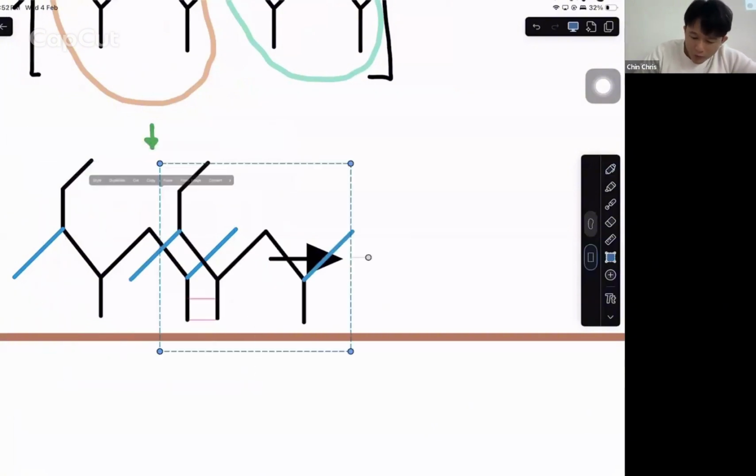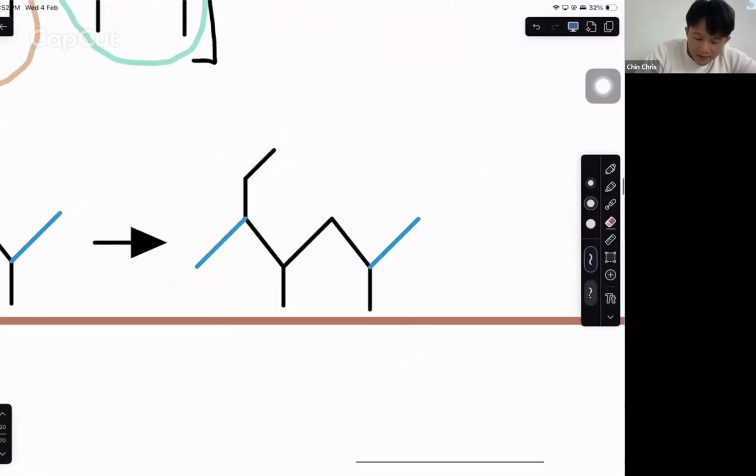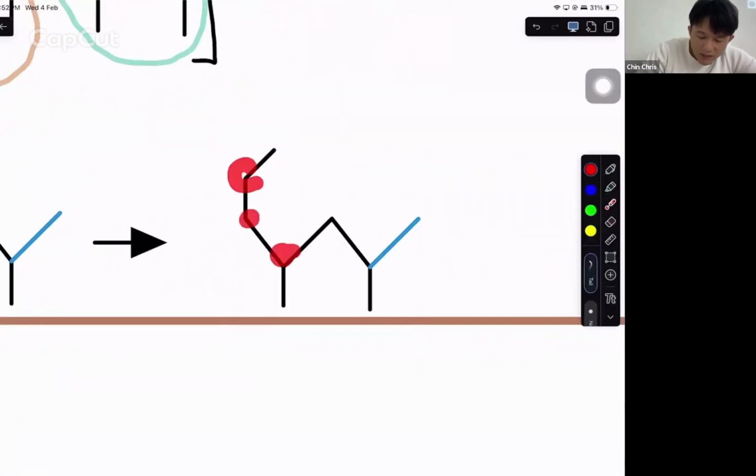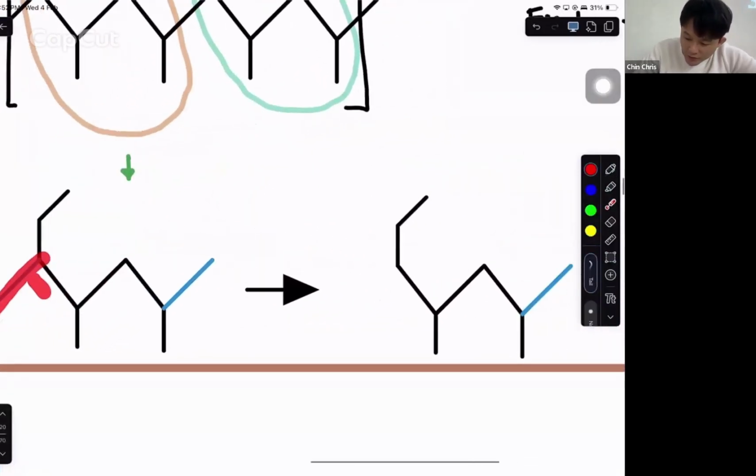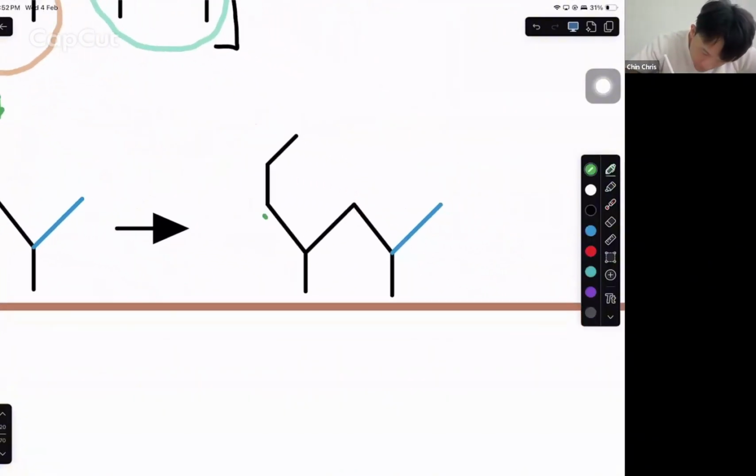If I cancel this connecting line, I can add it to either this carbon or this carbon. But your connecting line cannot be here, because it's way too far. Try to bring them closer to your backbone. So just now, I cancel here, my connecting line can be a 50% like that. Then this is also a 50% line, bring it back to a 50% like that.